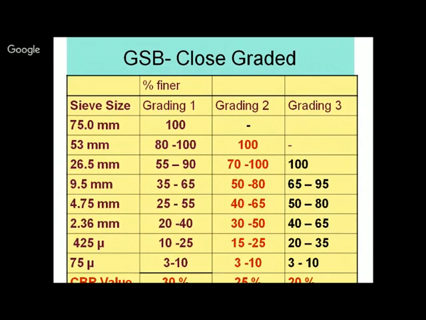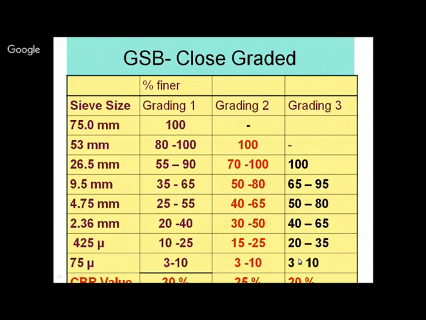Now if I compare grading 3 with grading 1, the maximum particle size in grading 1 is roughly 3 times that of grading 3, and that of grading 2 is roughly 2 times that of grading 3. But nonetheless, the portion finer than 75 micron is limited to 3 to 10% in all 3 cases.